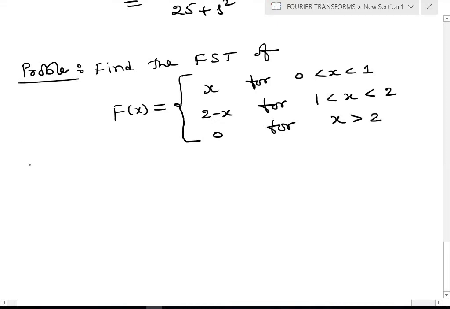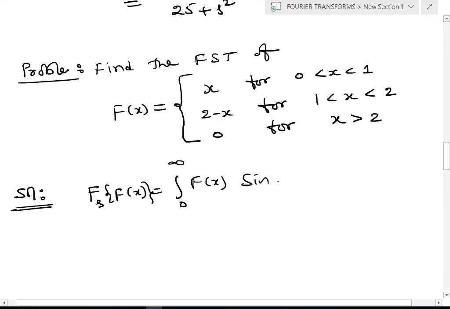Okay, so we need to determine the Fourier sine transformation. Directly we have the formula: the Fourier sine transformation of the function f of x is the integral from 0 to infinity of f of x times sine of sx dx.